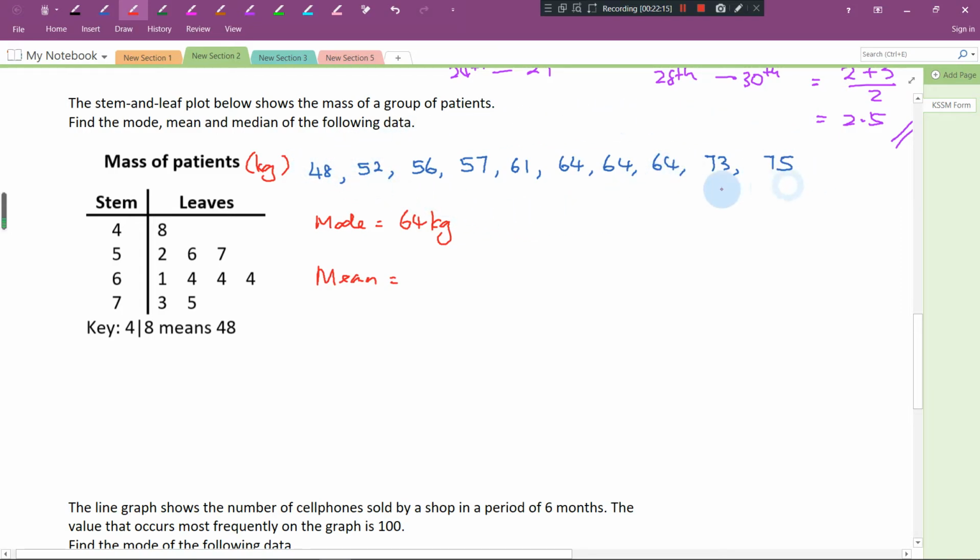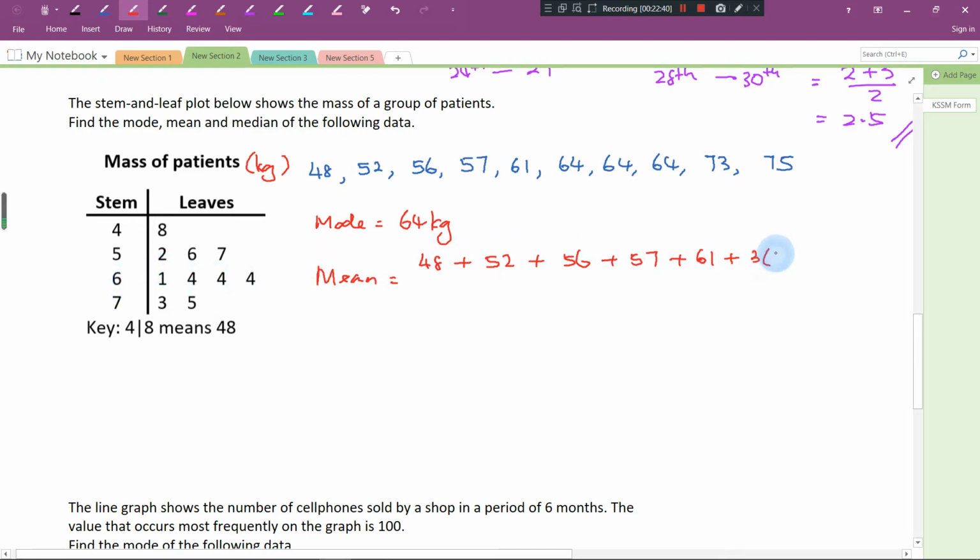So if you don't want to look at this one, you can just get the answer. You can get the value all over here. But you just have to be more careful. 48 plus 52 plus 56 plus 57 plus 61 plus 64 three times.